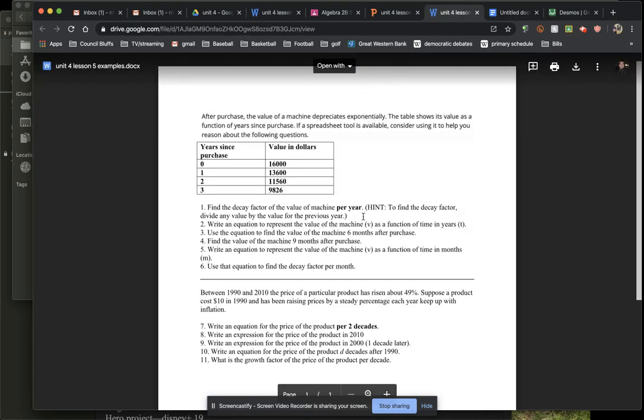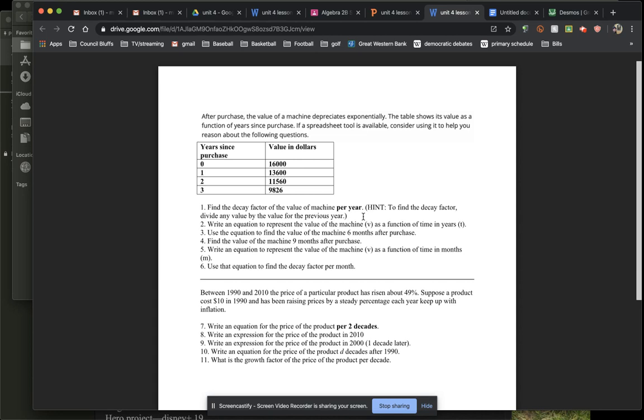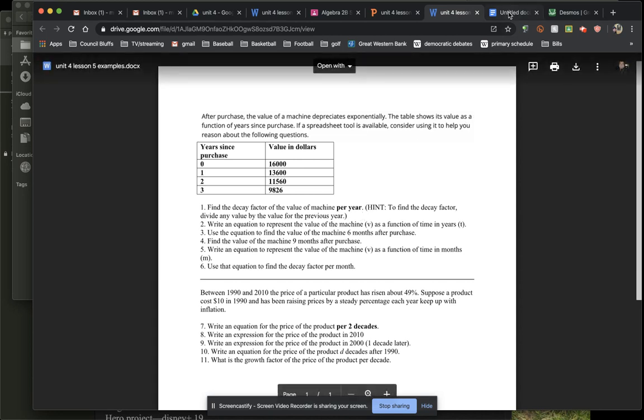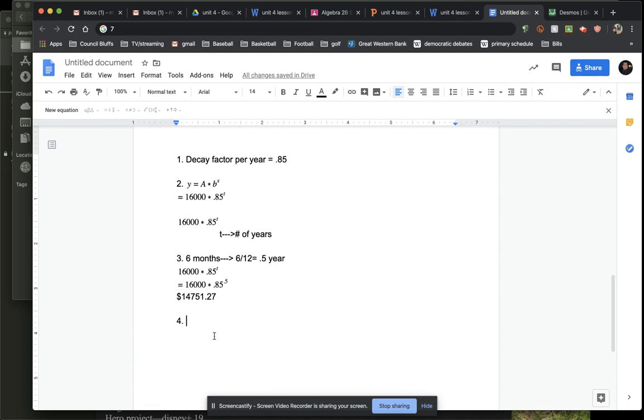Number 4, find the value of the machine 9 months after purchase. We're going to do the same thing I did in number 3. In order to convert 9 months to years, I have to divide that by 12. So 9 divided by 12 is 3/4, or 0.75 years.